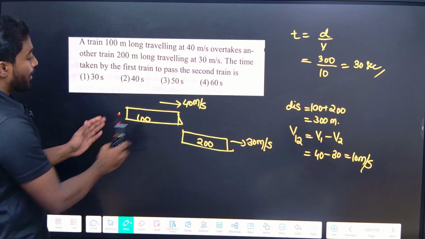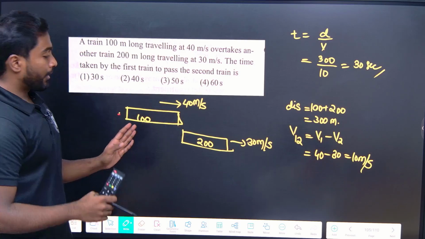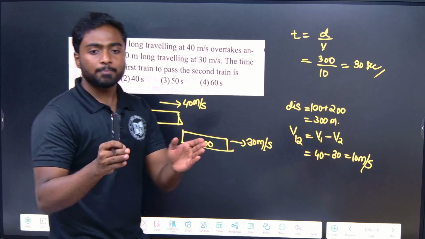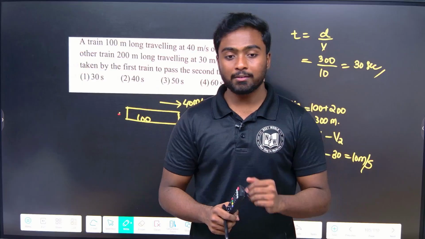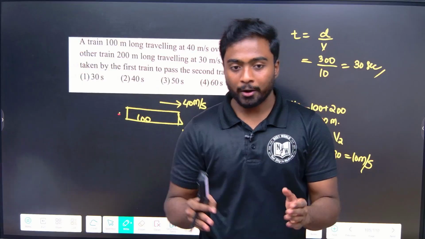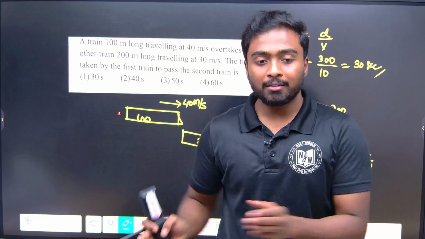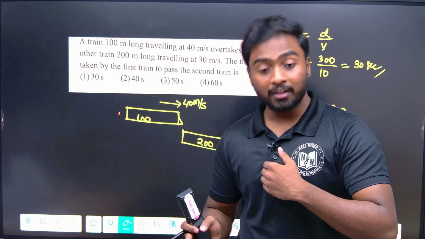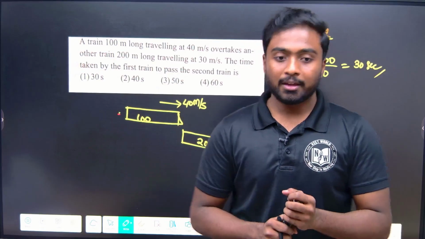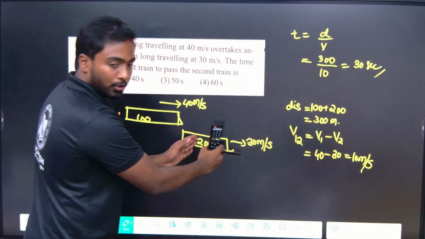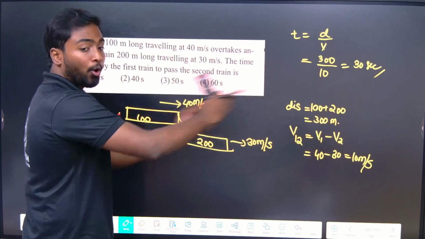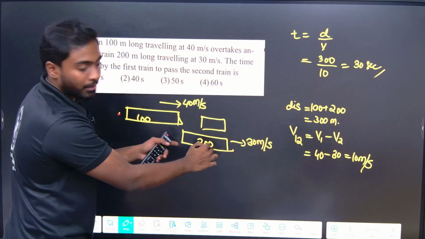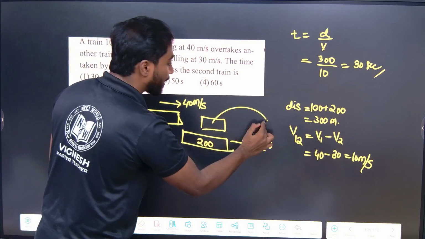See, a 100 meter train is there. For example, two persons are there. The first person is overtaking the second person, which means he needs to cross the second person, no? With respect to the first person, if he is only taking the second person's distance, that's it. But if he wants to cross, he wants to cross his own body distance also. So he is crossing the 200 meter, but he needs to take over that. He came up to here, which means he came over 200 meter, but he needs to cross, in the sense again 100 meter he needs to go.